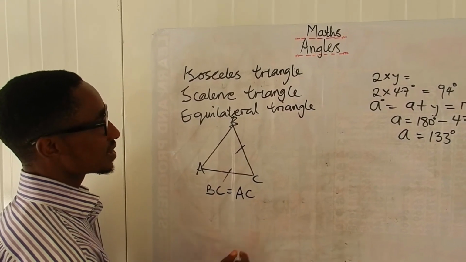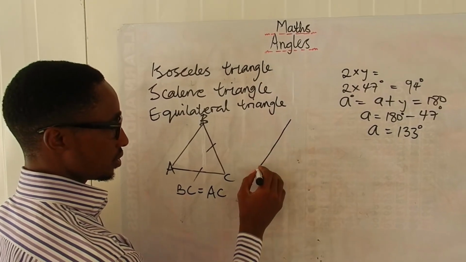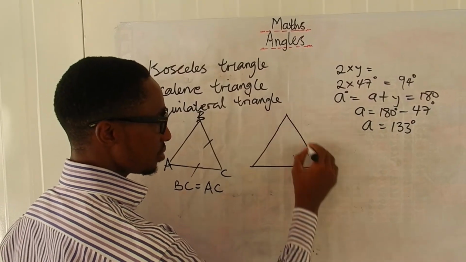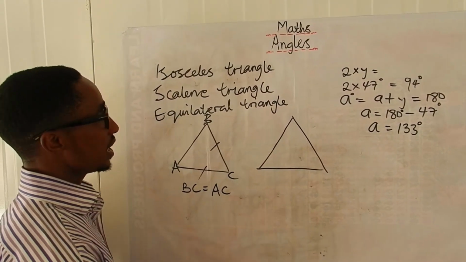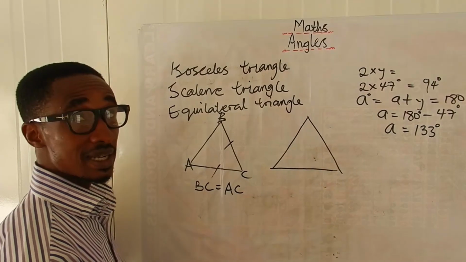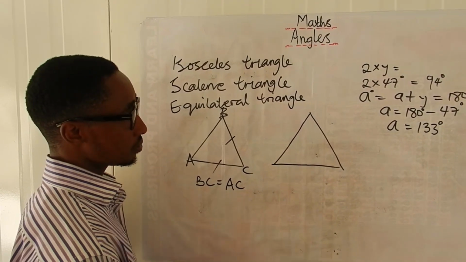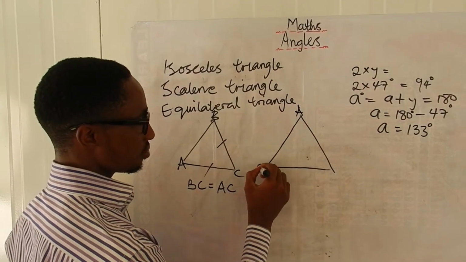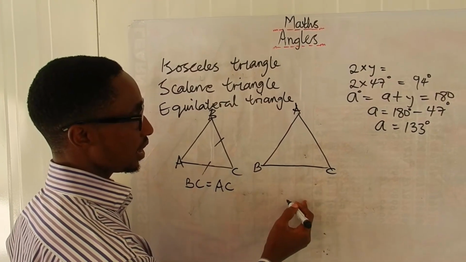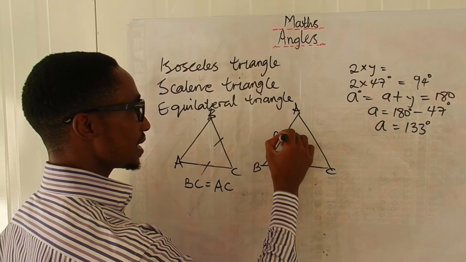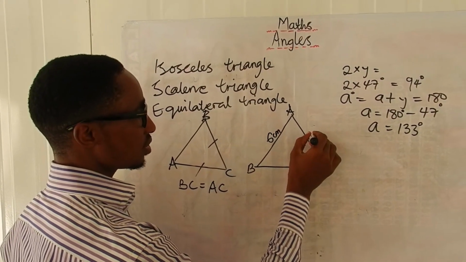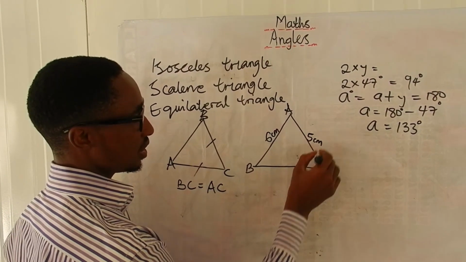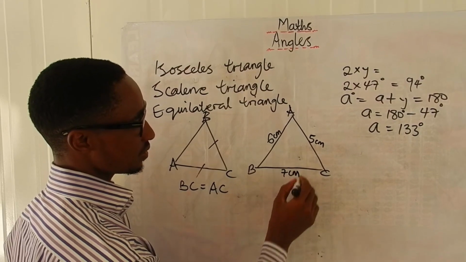We also have the scalene triangle. Let's have an example here. In a scalene triangle, no side is equal. Okay? No side is equal. A, B, C. Okay? This side could be 6 centimeters, this side could be 5 centimeters, and this side could be 7 centimeters.